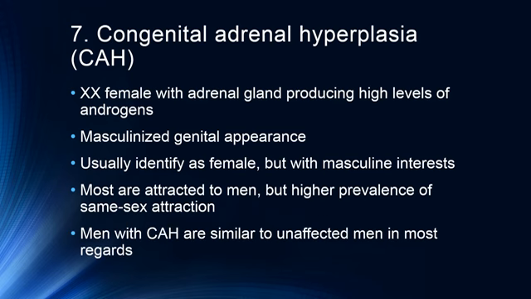Men with congenital adrenal hyperplasia are similar to unaffected men in most ways because they are simply having high levels of androgens anyway. So it's females with congenital adrenal hyperplasia that tend to be more masculine and have a higher same-sex attraction.